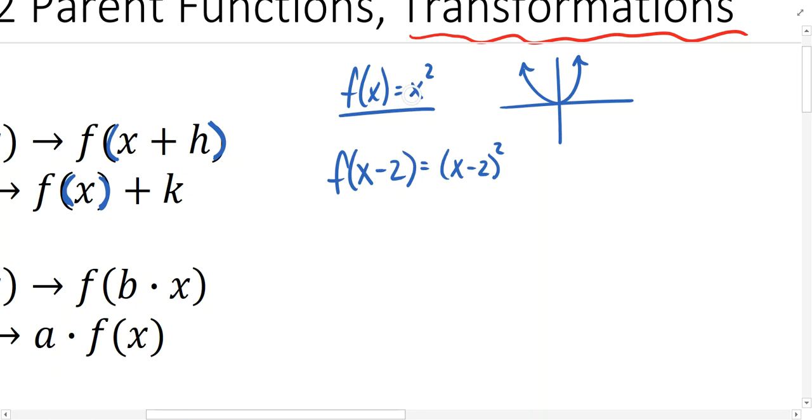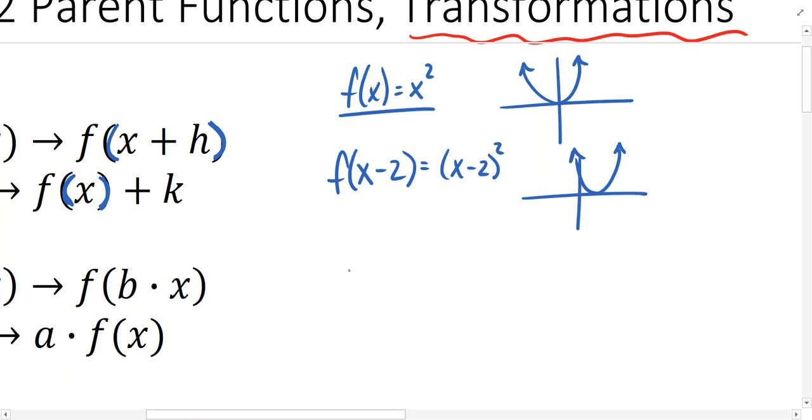And by knowing what the parent function was, x squared, and applying this transformation, I would recognize immediately that this equation generates the exact same graph, simply shifted to the right 2 units. And yes, a subtraction means a shift to the right, whereas an addition would mean a shift to the left.